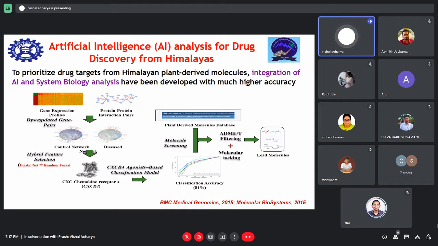With this kind of work we got very good accuracy in obtaining Himalayan drug molecules, and subsequently they went to the wet lab for validation. This was very satisfying, that what we developed could go for experimental validation, so that they can claim the bioinformatics work is validated.